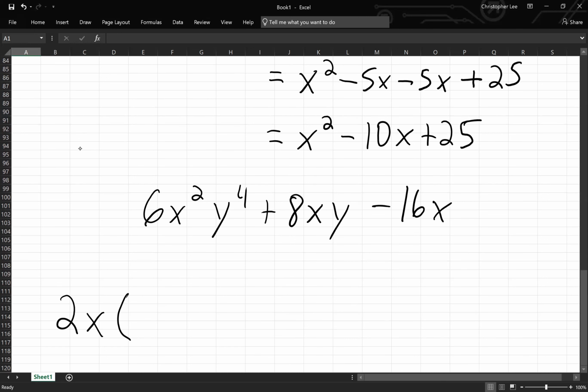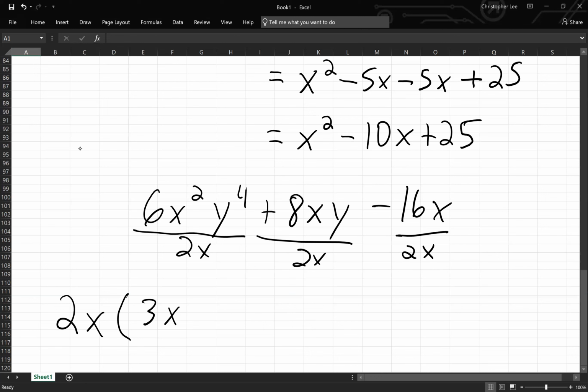So now what's left over? Remember, I'm dividing by 2x. So I heard 3, good. And then plus 4x y. What happened to the y to the 4th? It doesn't cross out.